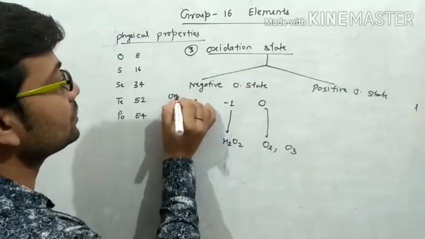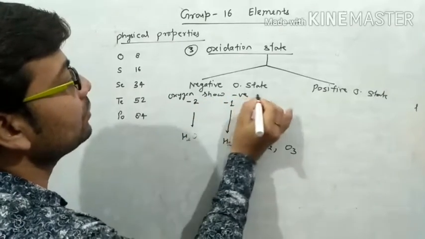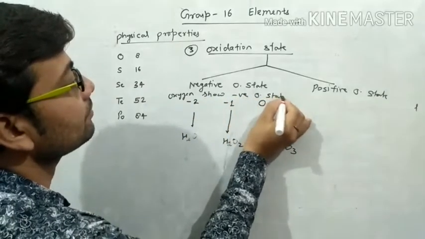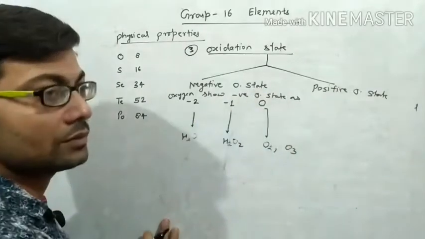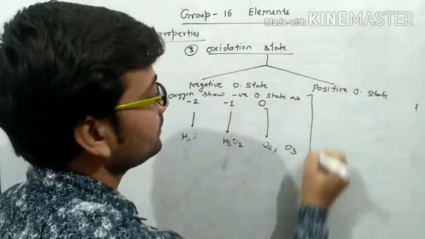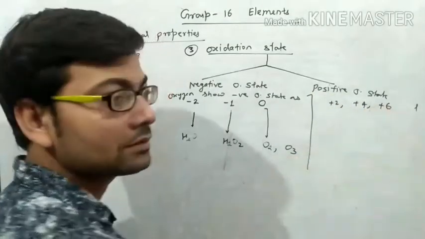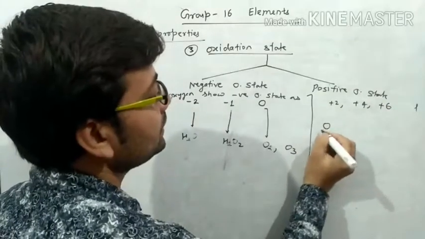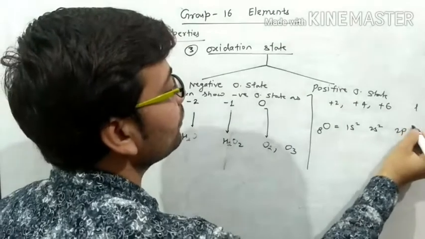So oxygen shows negative oxidation states of -2, -1 and 0. But positive oxidation states are shown as +2, +4 and +6. As seen here, oxygen is atomic number 8, with 1s2, 2s2 and 2p4.